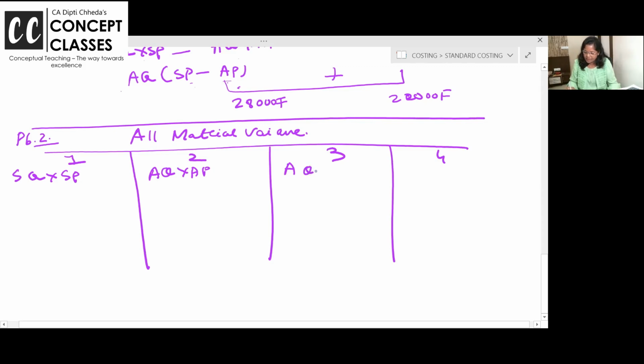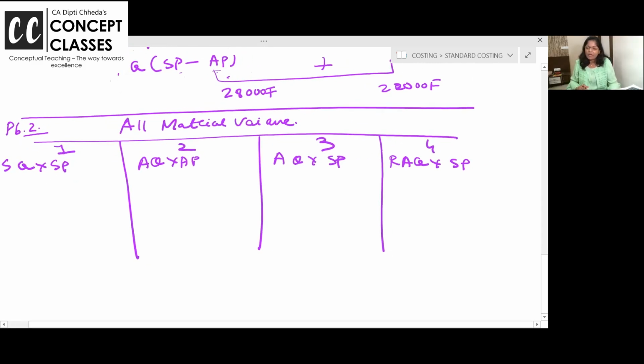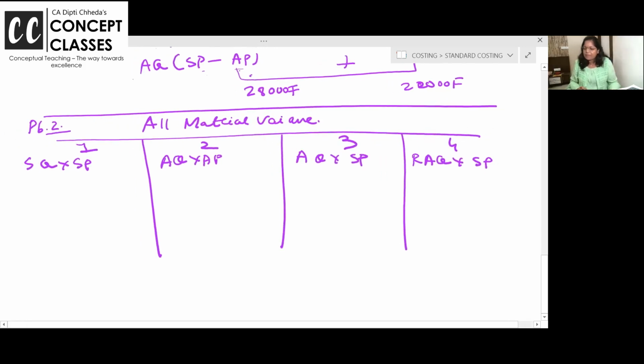Third is actual quantity into standard price. And fourth is revised actual quantity into standard price. Write down the names, and if you have a doubt, ask me. Many times in the exam, one kind of problem is there. Now here there are 3 types of material, so we will also write a small column for the type of the material.